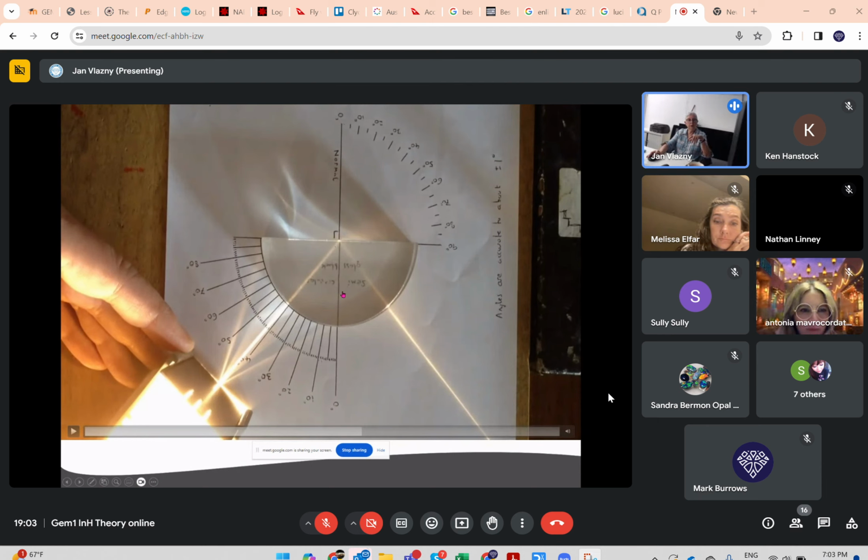Once it's come back into the gemstone, we've got Snell's first law, so these are both the same anyway, so those two angles would be the same with the reflection. But this angle here at nearly 40 degrees, just before this happened, was the critical angle, where the angle of refraction is at 90 degrees to the normal. Anything greater than the critical angle will come back and be internally reflected.